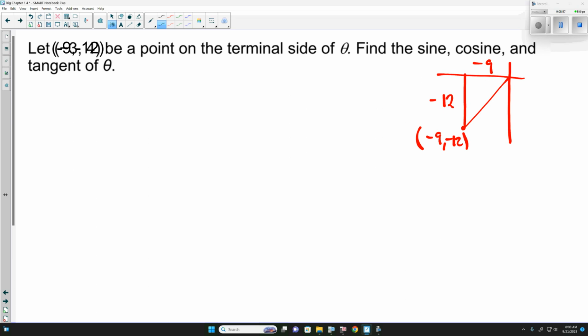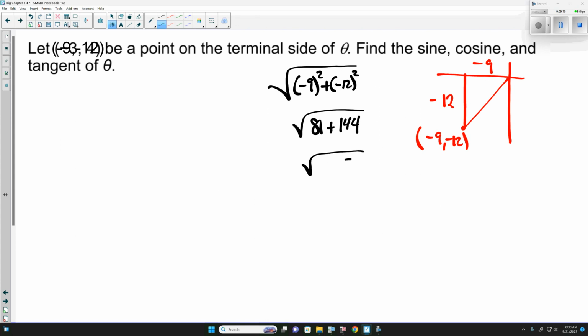It is 15, because we can do it in the formula: -9 squared plus -12 squared. -9 squared is 81, 12 squared is 144. That gives 225, which is 15.